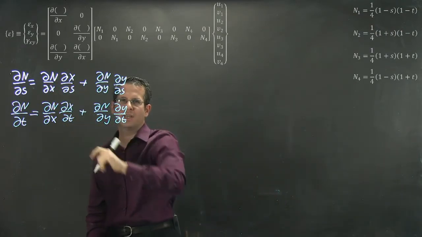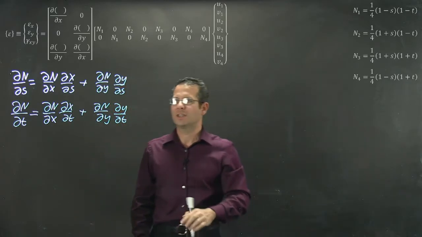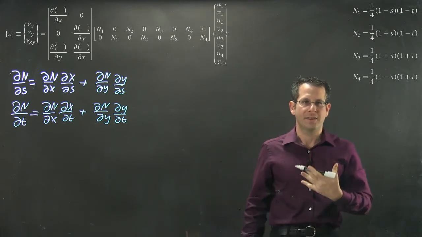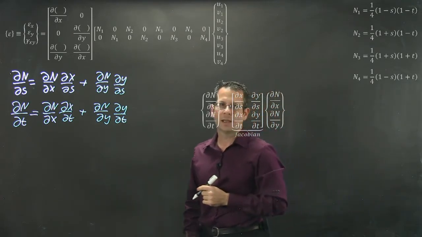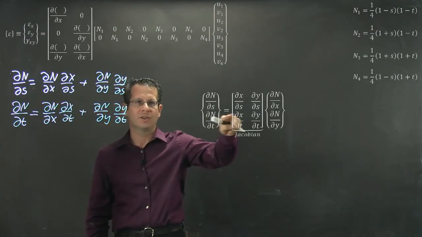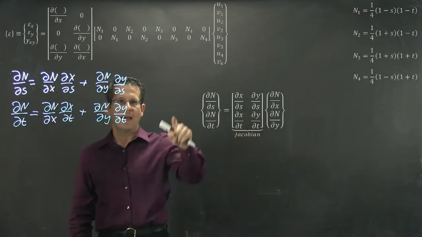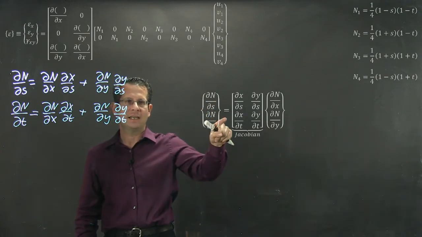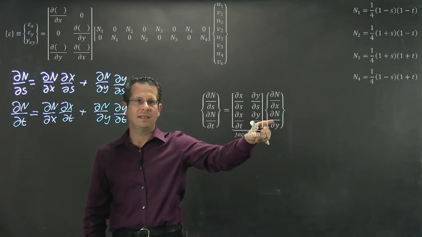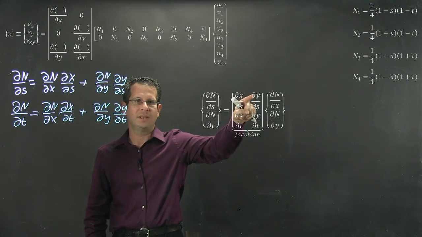All right, so now I have two functions. They're both linear functions, so I could write this, if I wanted to, in a linear algebra form. I think I'm going to go ahead and do that. This is the same two equations now in linear algebra form. I have dN/ds equal to dN/dx times dx/ds plus dN/dy times dy/ds.